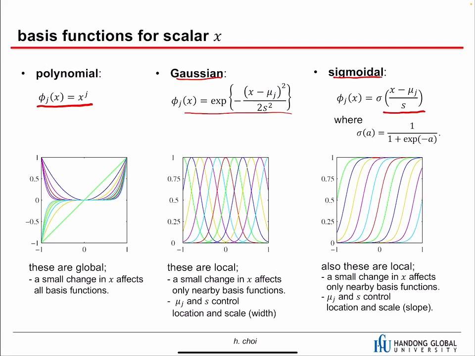Basically, this is one sigmoidal function. If we change this mu j, then this function moves. And if we change this s, then it can change the shape like this, or we can have steeper.